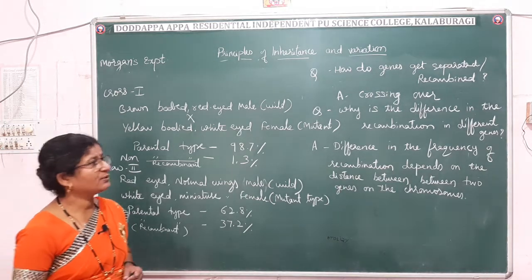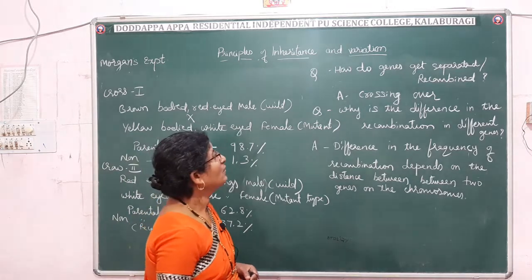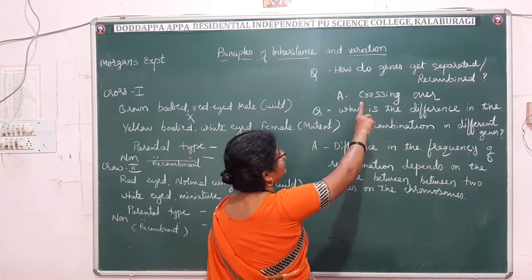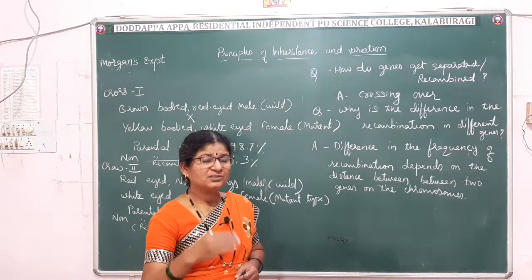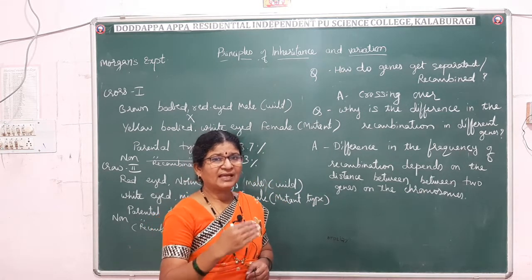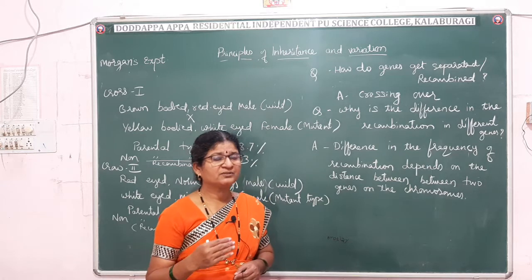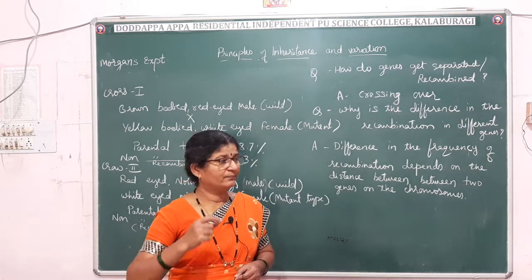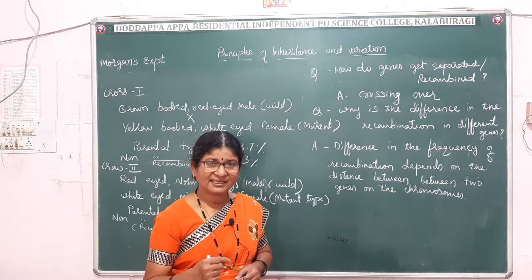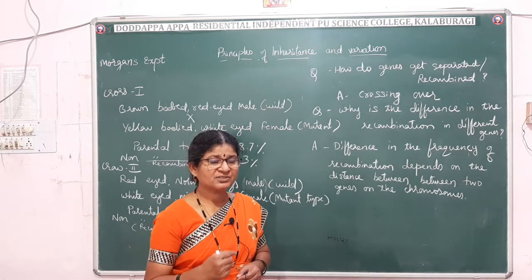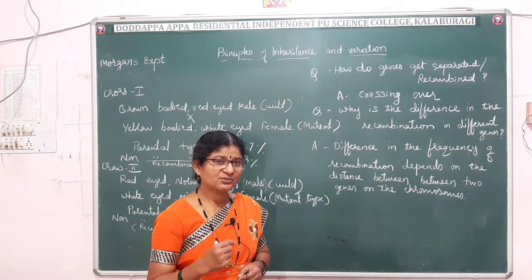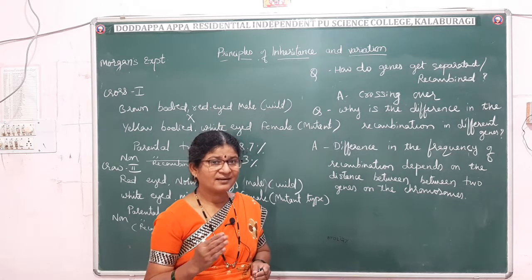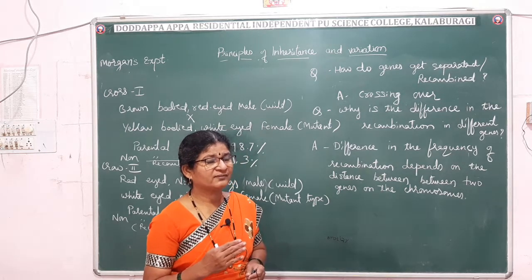Morgan was able to answer these two questions. What are they? How do genes get separated or recombined? During Morgan's time, there was advancement in science and technology, the microscope had been invented, and scientists could see the cell clearly and see the condensed chromosomes during cell division.